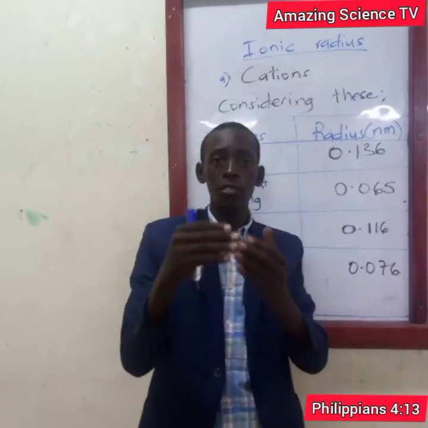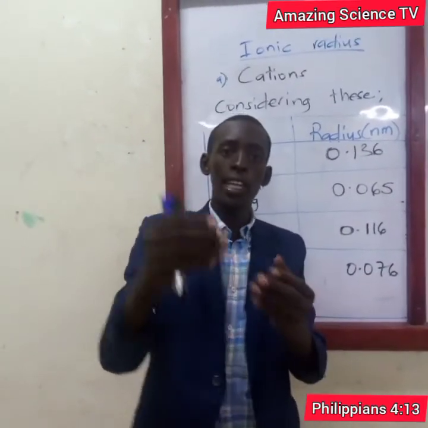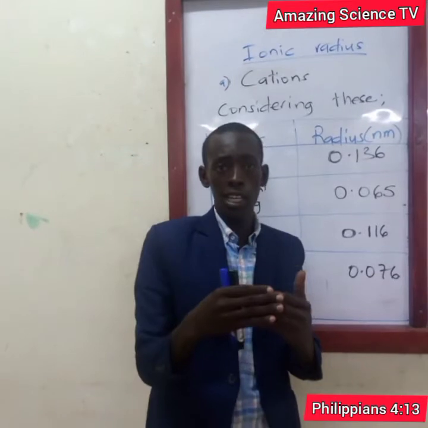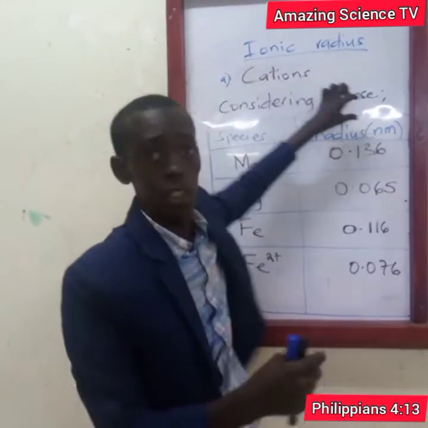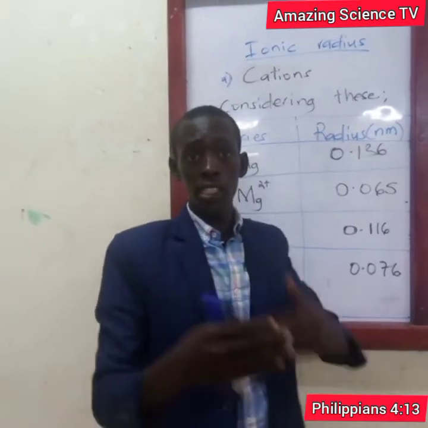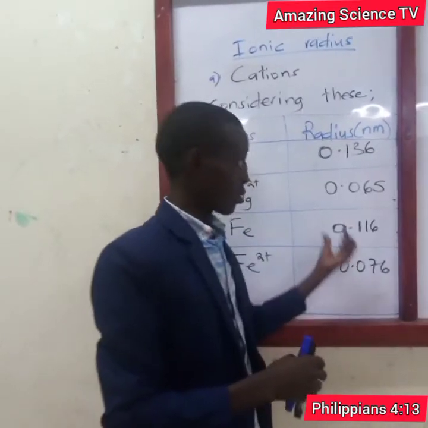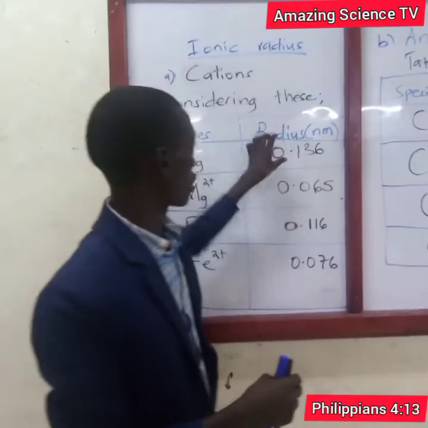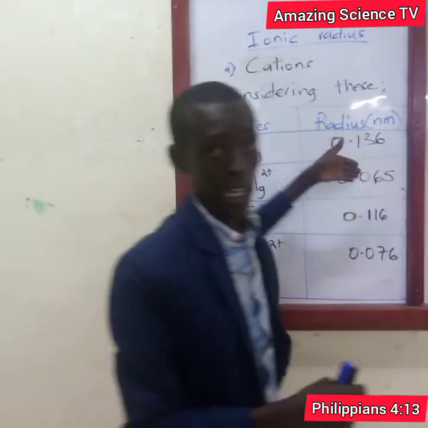So when the effective nuclear charge increases, the electrons are pulled more to the nucleus. And in so doing, the size of the atom decreases and the ionic radius also decreases. That is the explanation of the variation here in the ionic radius.